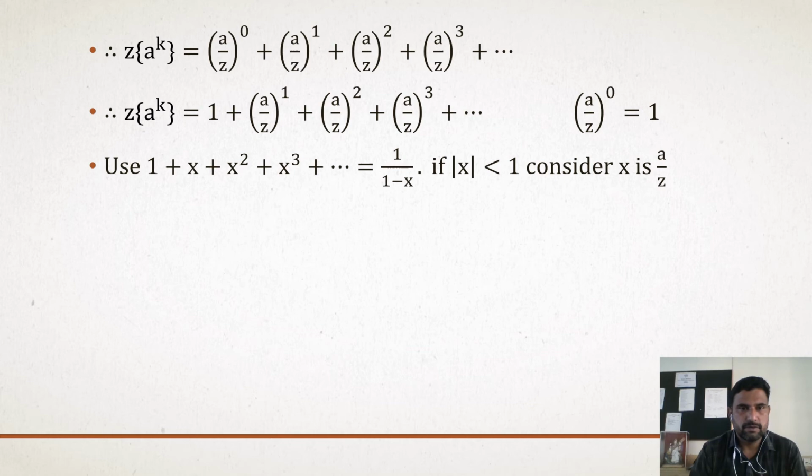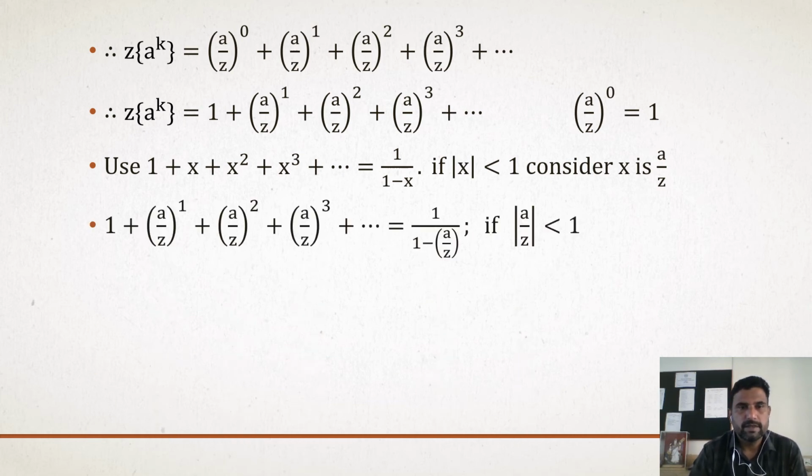Use the result: 1 plus x plus x square plus x cube plus dot dot dot is 1 upon 1 minus x if mod x less than 1. Here consider a by z as x. So put x equal to a by z.